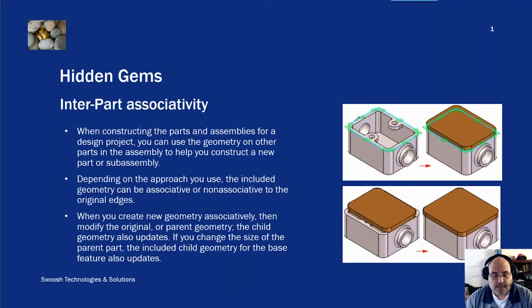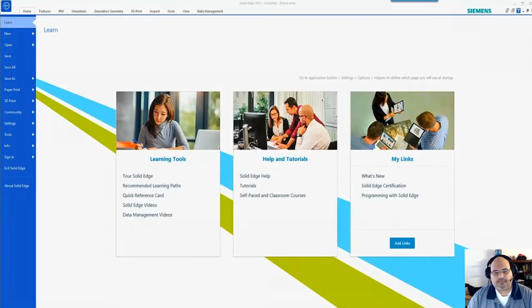If I edit and make changes to one part, the other part actually updates with it. So outside of using variable tables or other forms of linking the parts, we're going to try to use inter-part relationships to drive that associativity between the two parts.